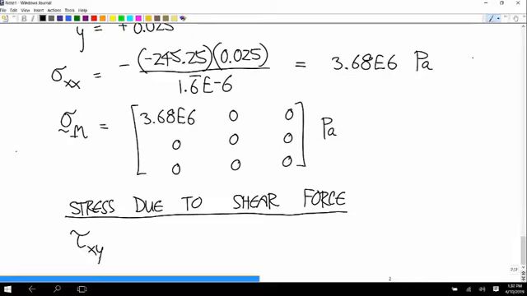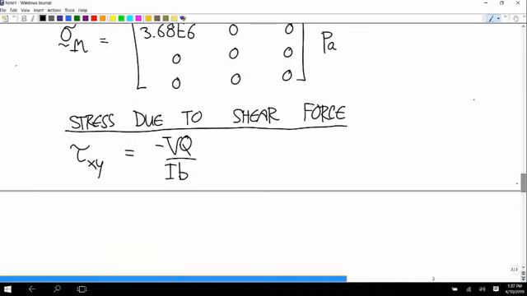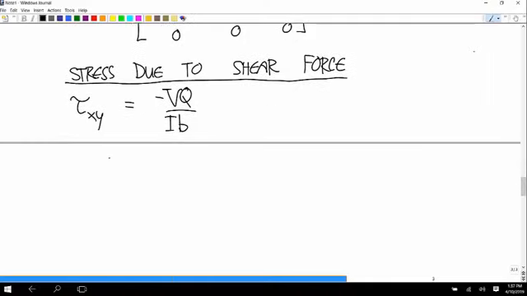It's going to be the Xy shear stress, and it's equal to negative VQ over IB. We already have I. So for this cross section, this is our area. This is our centroid.